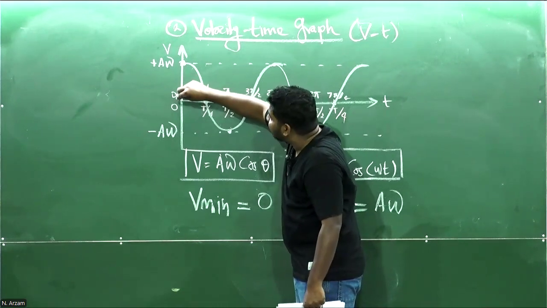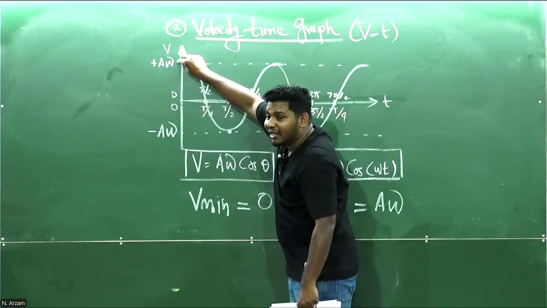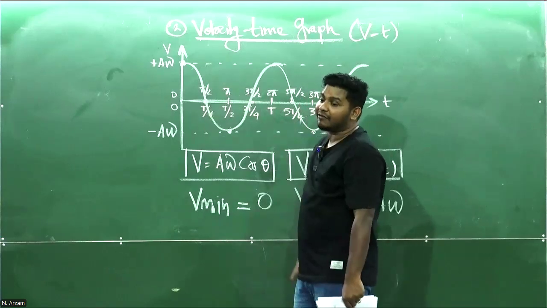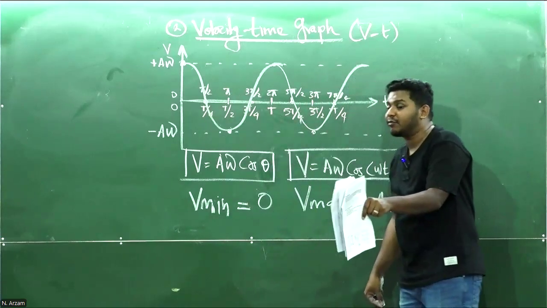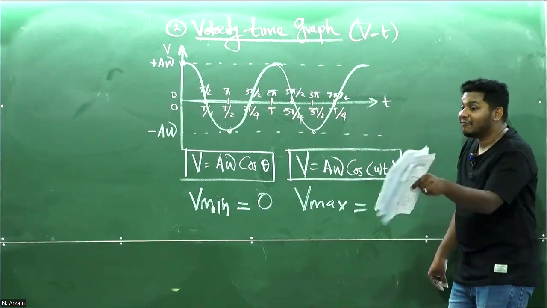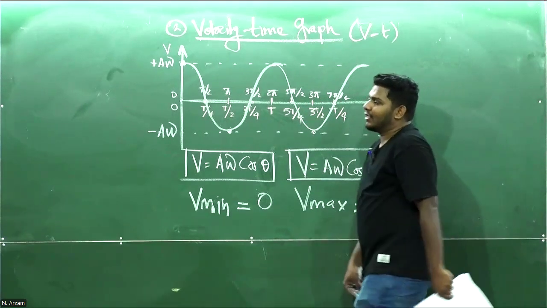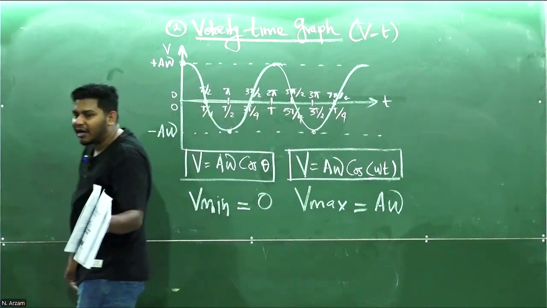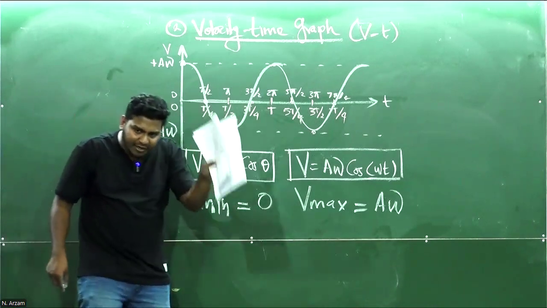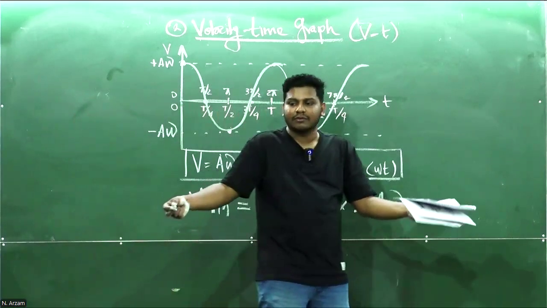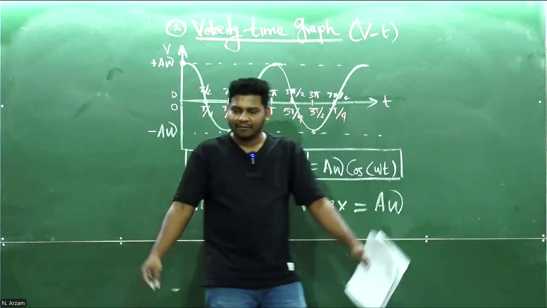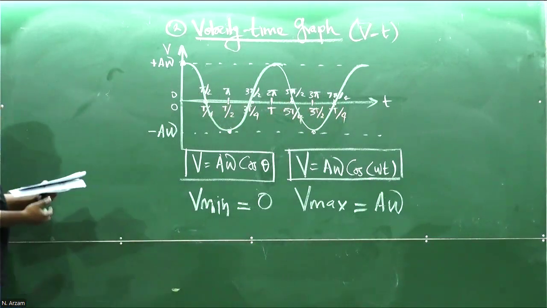So at the fixed point, the velocity is maximum. So in this velocity time graph, at the fixed point, the velocity is maximum. What about the amplitudes? Velocity is 0, right? But in the displacement time graph, at the fixed point, displacement is 0. At the amplitude, the displacement is maximum. That's all, for both.